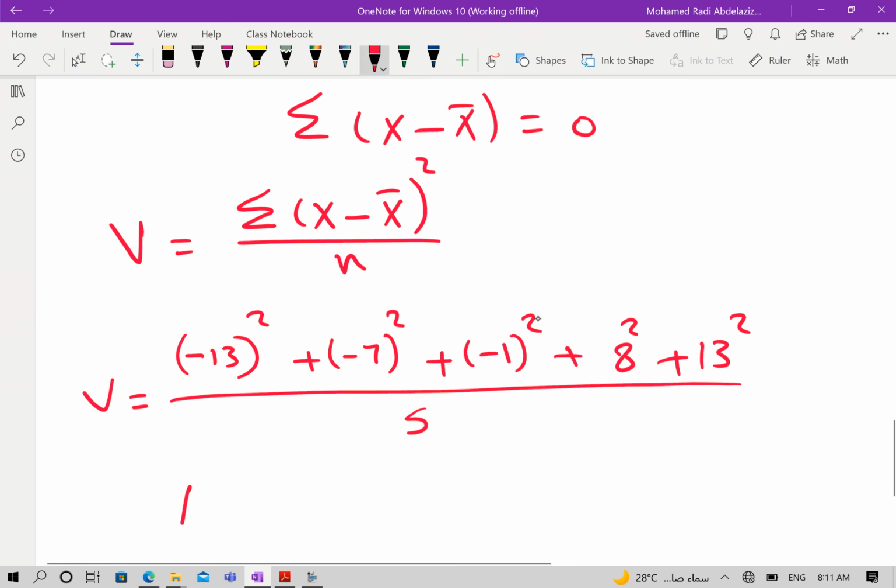Variance equals, after calculation, the sum is 90. The final answer for the variance.